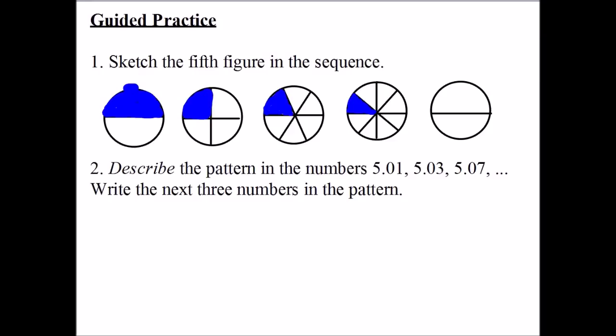If you'll notice, here's one circle, the top half is colored. Next circle, this portion is colored, this portion is colored, this portion is colored. So what pattern do you see here? How can I go from a circle with 2 halves to 4 portions, 4 portions to 6 portions, 6 portions to 8 portions?